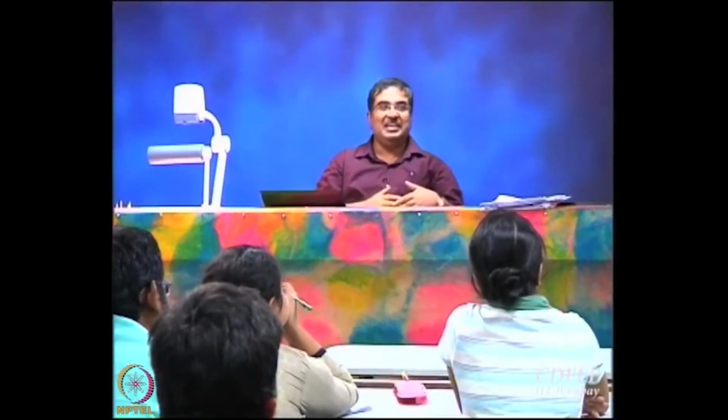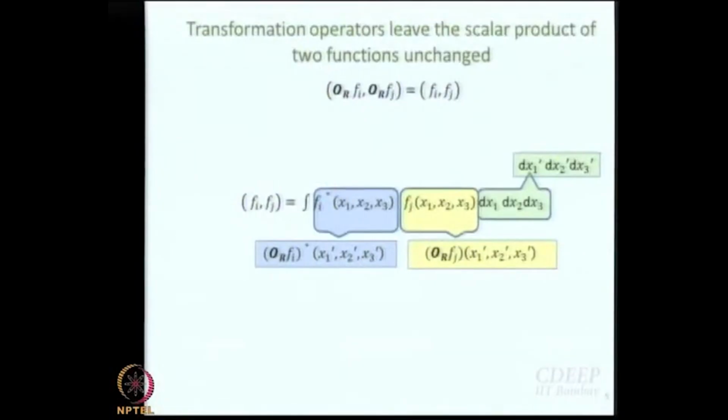dx1, dx2, dx3 is there. Instead of that, if I can transform to dx1 dashed, dx2 dashed, dx3 dashed, right. And that is what we were saying a little earlier, is it not? That when we work with a volume element, it does not matter if I write dx1, dx2, dx3, or if I write dx1 dashed, dx2 dashed, dx3 dashed.